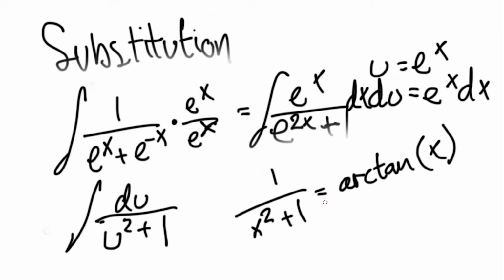And these can get a little bit more complex. If you have a 4 here, then it would be over 2 because 4 is 2 squared, but that will be discussed later. But just remember that this form, 1 over x squared plus 1, is equal to the inverse tan or arctan of x. That's just one thing that you have to memorize.